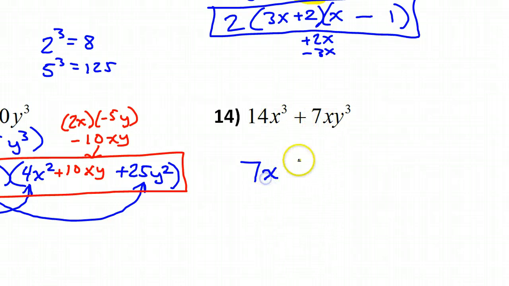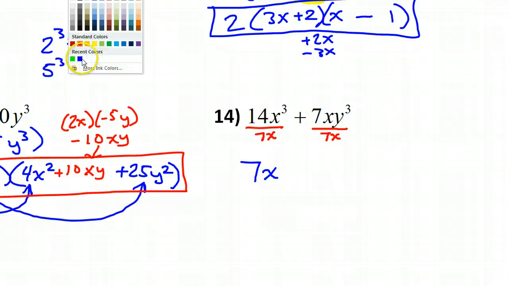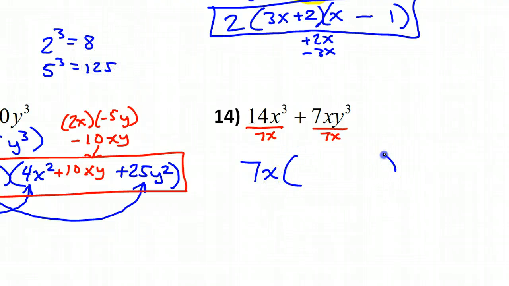Alright, so to figure out what goes inside, I will divide by this GCF. Alright, make my parentheses. So 14 divided by 7 is 2. x to the third power divided by x is x squared. Plus, those 7's cancel, those x's cancel, and then I have y to the third power.